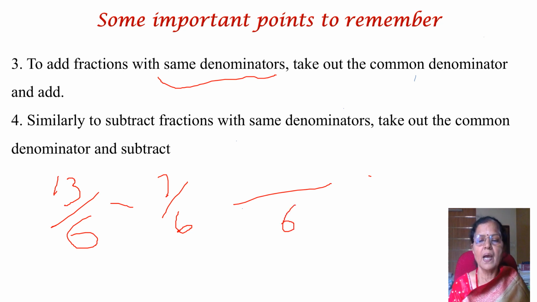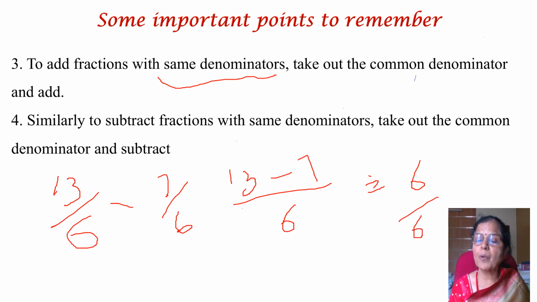Take it out and subtract the numerator 7 from the numerator 13. What will you get? 6 by 6, which is again an improper fraction, because 6 by 6 is equivalent to 1. We are not going to bother about the equivalent fraction now. We will just see how to add and how to subtract fractions. If it is a common denominator, addition and subtraction is very, very simple.